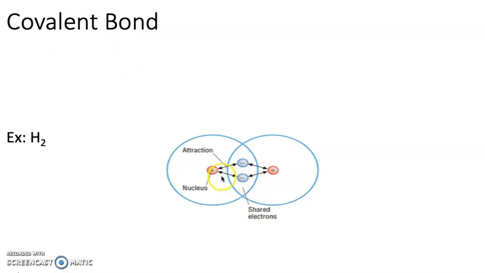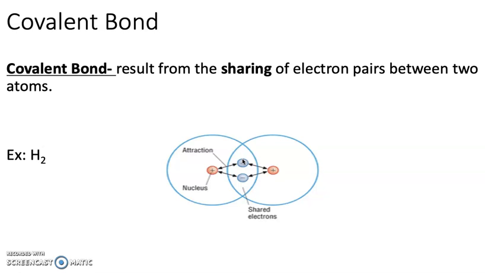So this is hydrogen bonded to hydrogen, and the two electrons are between the two nuclei, okay, and they're being shared between. It's a weaker bond. One hydrogen doesn't take the other one's. They're sharing it now. That's the difference between an ionic and covalent bond. So, a covalent bond results from the sharing of two electrons between two atoms, essentially two nonmetals.